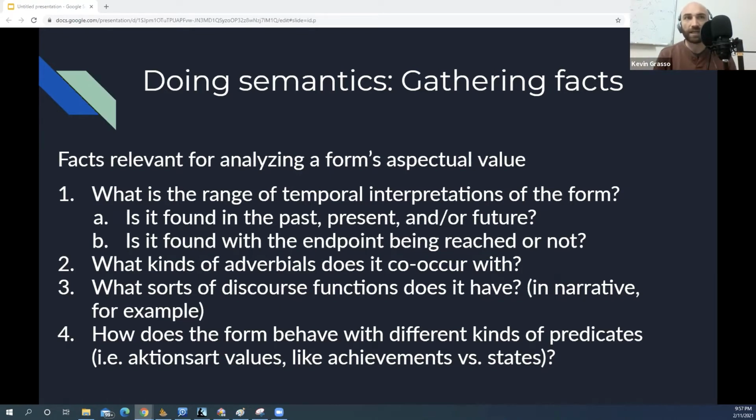Okay. And then we can think of what kinds of adverbials it co-occurs with. An example of this is the standard test for whether a verb, or a predicate, is telic or atelic: whether it combines with in adverbials or for adverbials. I'll give an example. I can say I played basketball for 3 hours.